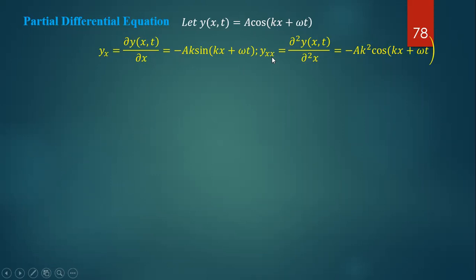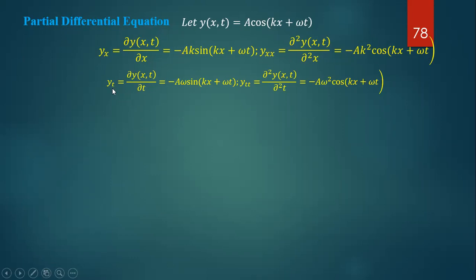y_xx is the second derivative of y with respect to x, ∂²y/∂x², sorry, this is x squared, which equals minus ak² cos(kx + ωt).